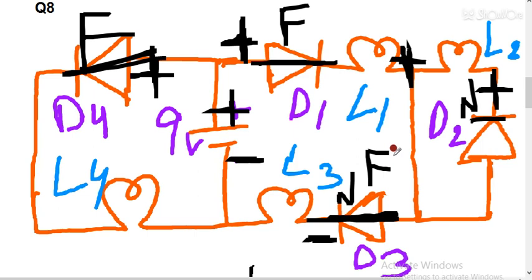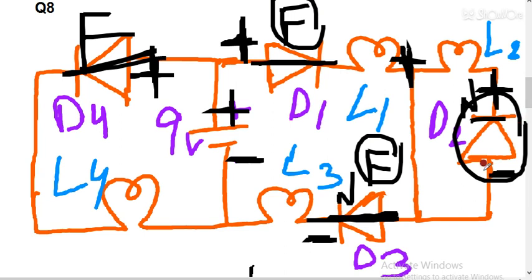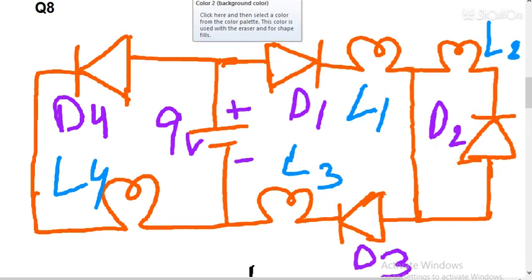So three diodes, this diode, this D1 diode and this D4 diode, are forward biased. You can note down that these three are forward biased. Now this negative voltage will go on this side also, so that D2 diode is reverse biased. Students, you can note down the diodes.